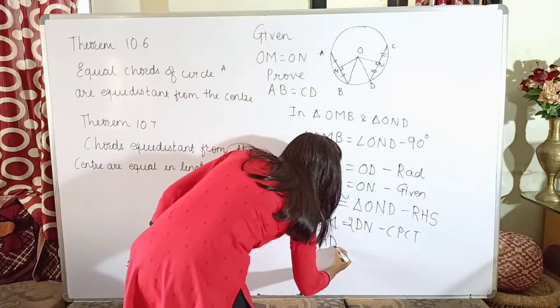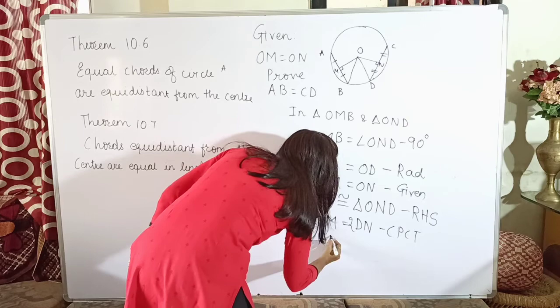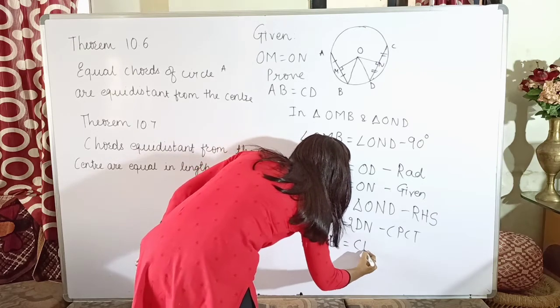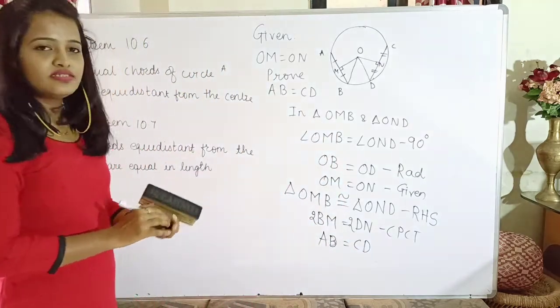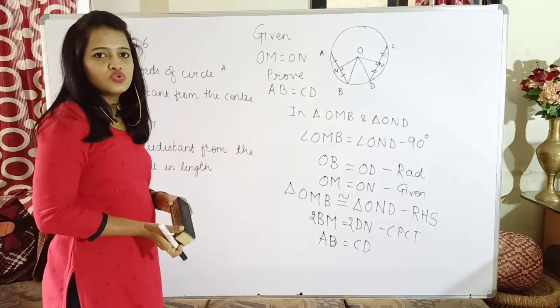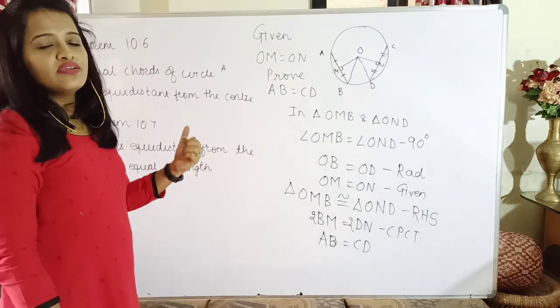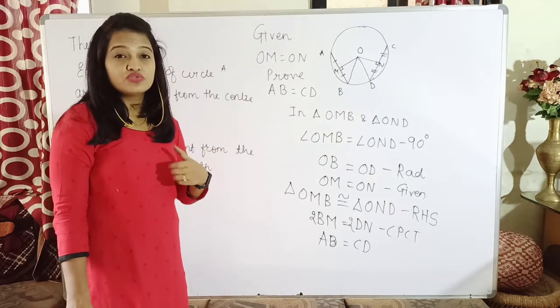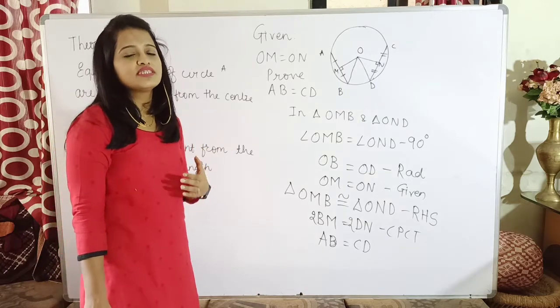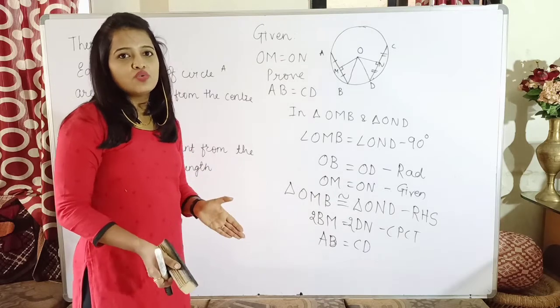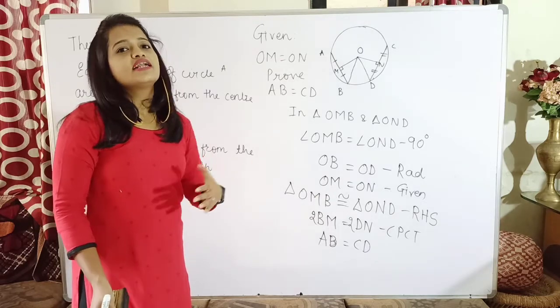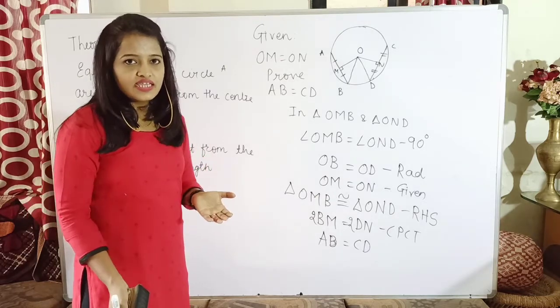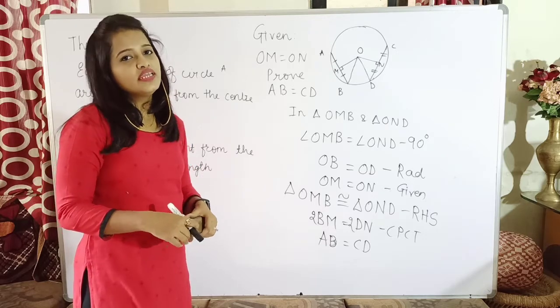Similarly, if you take 2 times DN, can I replace it with CD? Yes. Which means the two chords are also equal. Okay, so the theorem specifies the relation between the lengths and the distances of the chords from the center: if the chords are equal, then they are at equal distance, and if they are at equal distance, then the chords are equal in length.